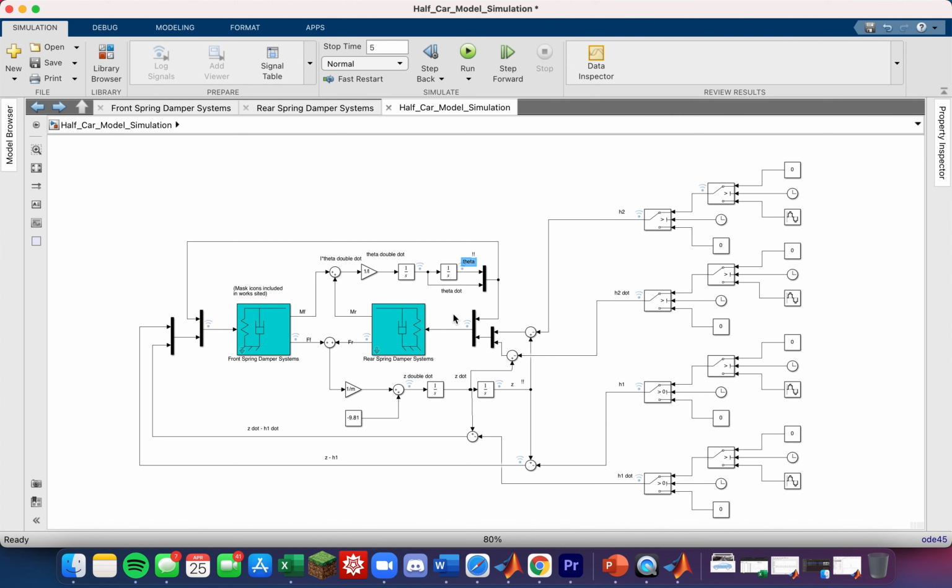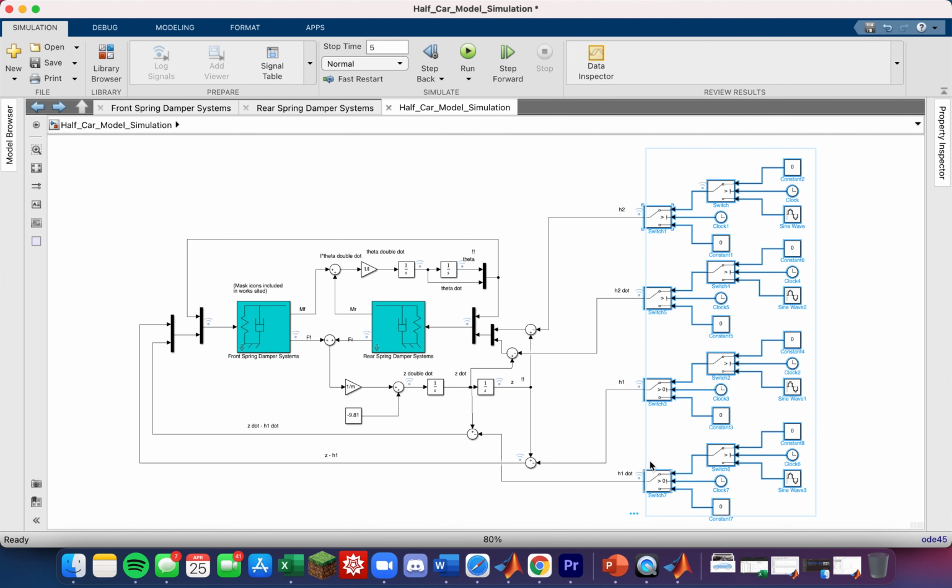This is now fed back into the mask for the closed system loop. Similarly, we solve for z double dot, integrate twice, and solve for z. Over here are the inputs for h1, h1 dot, h2, and h2 dot, the displacements from the road. These can be edited with values in MATLAB.